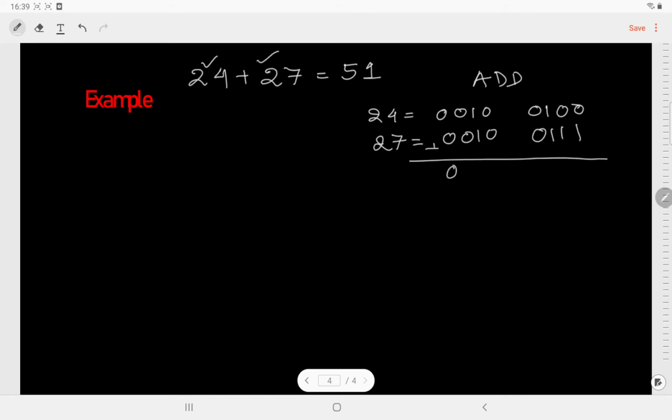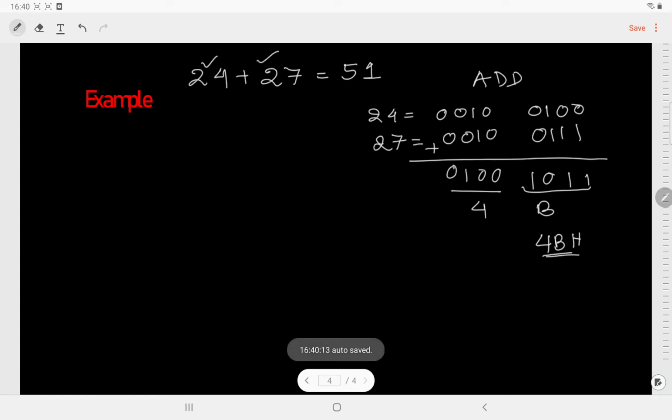You will get 0100 1011. So the upper nibble is 0100, that is 4, and the lower nibble is 1011, that is B. So after addition, the result is 4BH, that is, it is in hexadecimal.